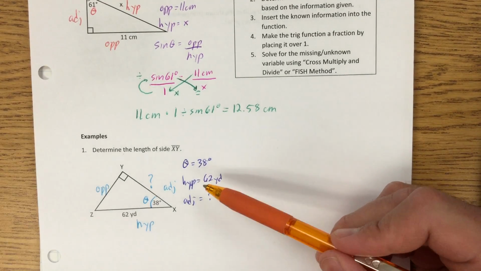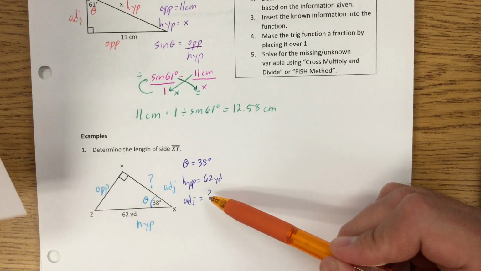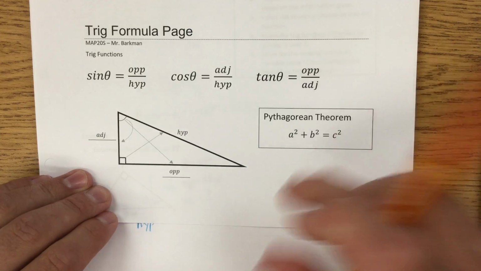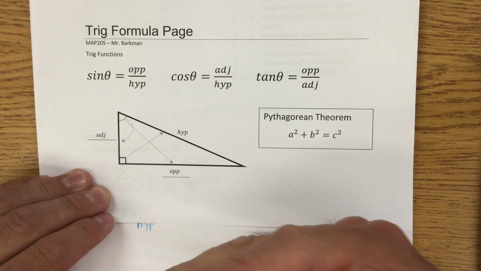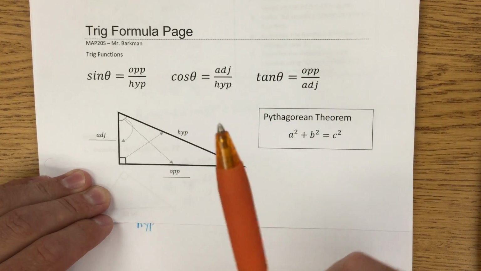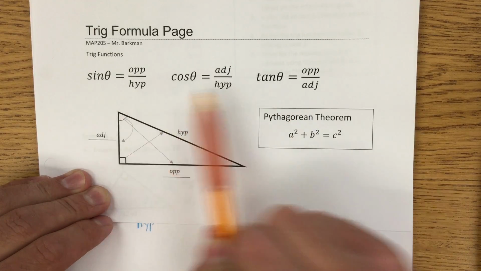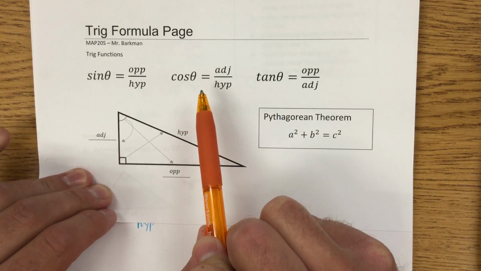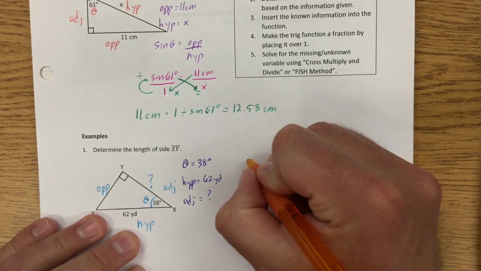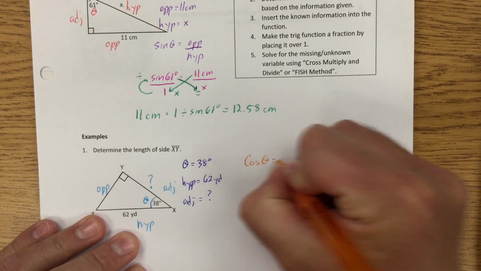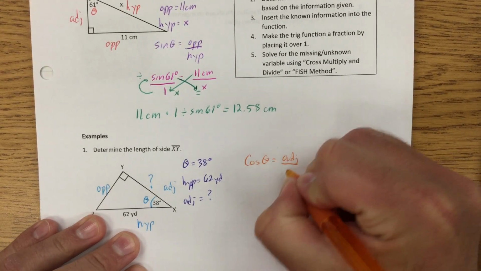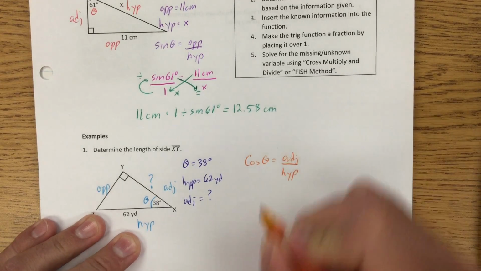All right, let's take a look at what we have here. We are looking for the adjacent. We have the hypotenuse. Which of our three functions has adjacent and hypotenuse in the function? Cosine. All right.